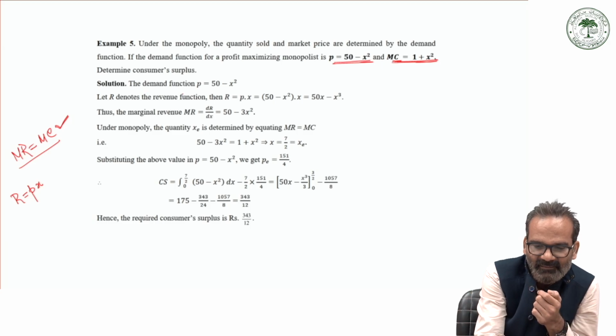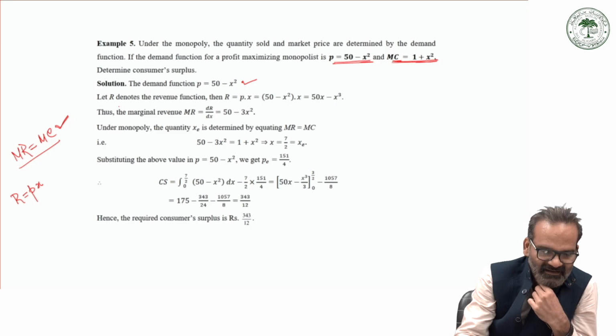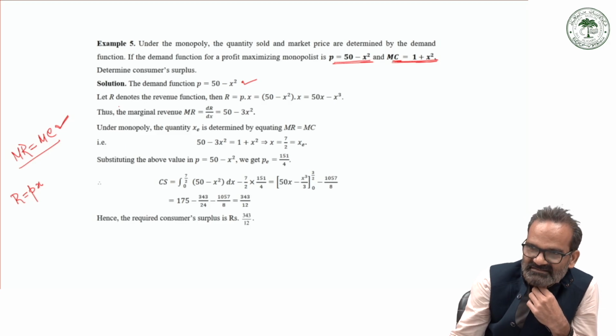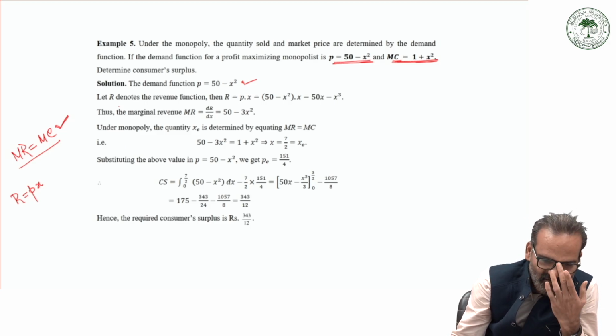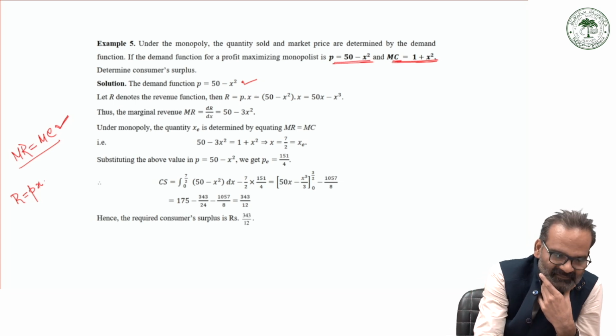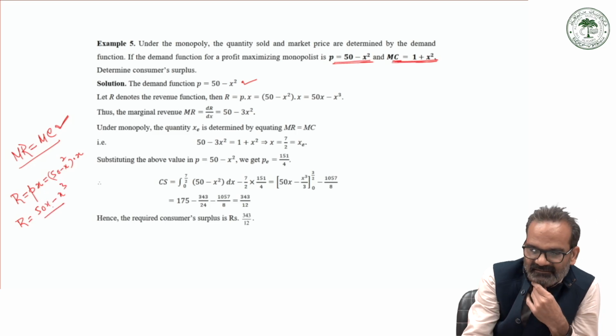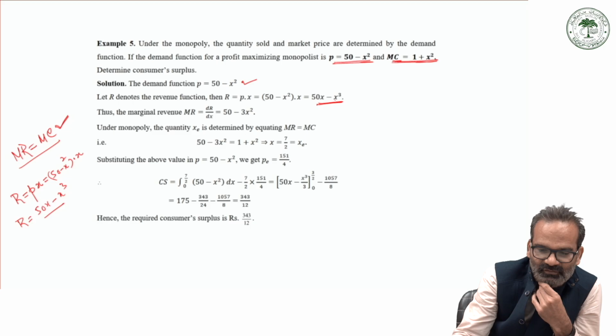The demand function is 50 minus x square. Let R denote the revenue function, then R is equals to Px. What is P? P is 50 minus x square, into x. So your revenue function becomes 50x minus x raised to the power 3.